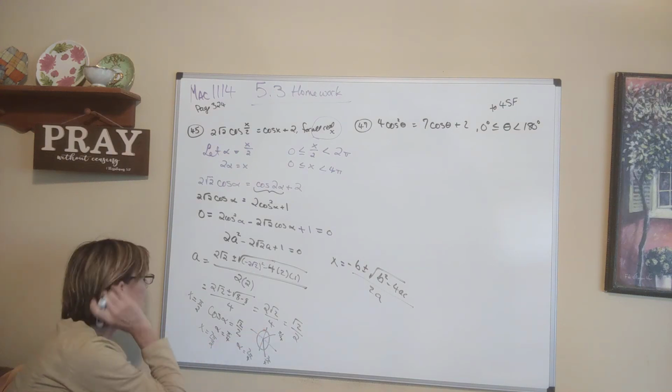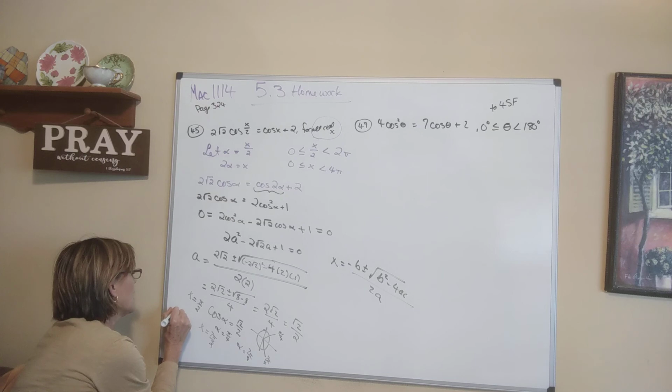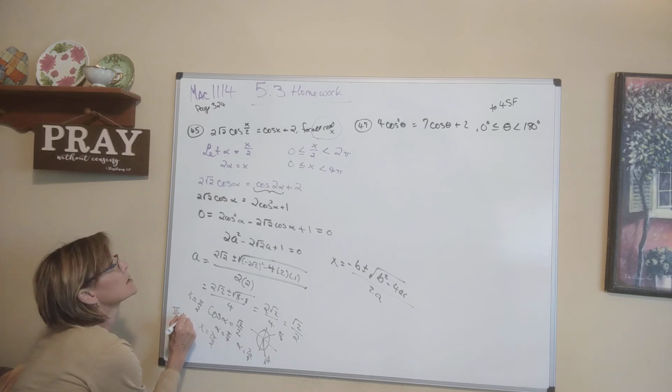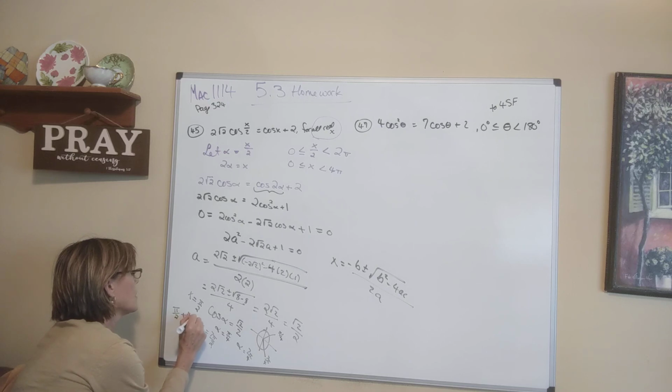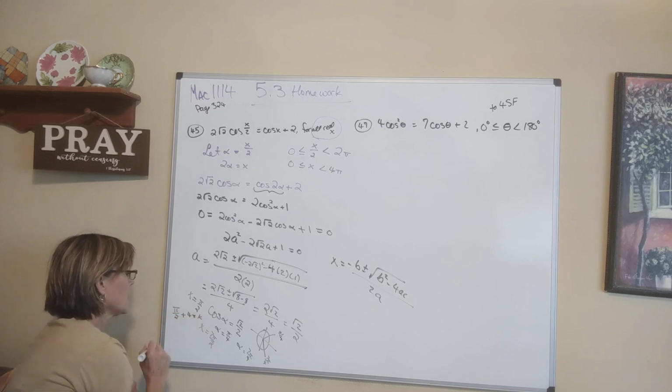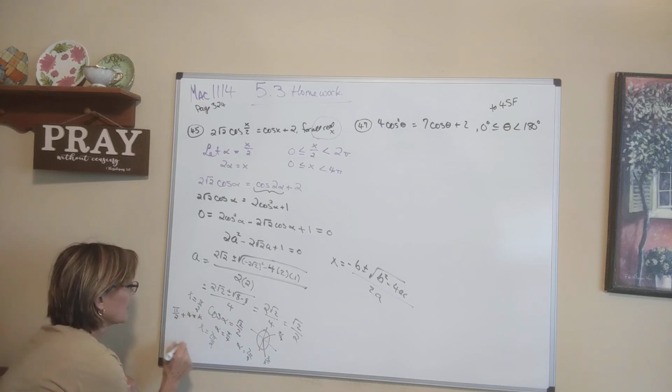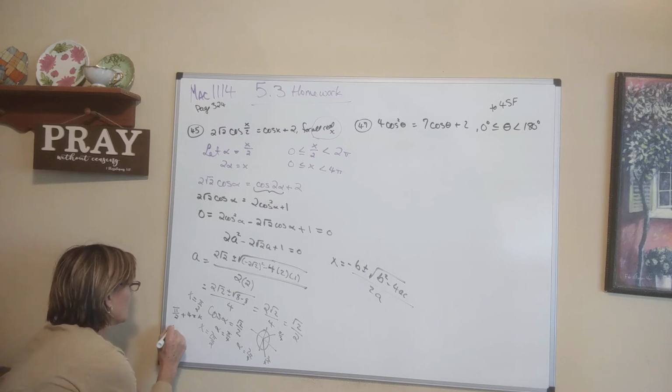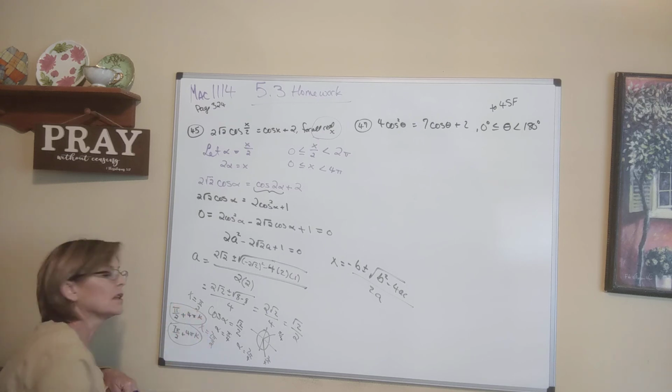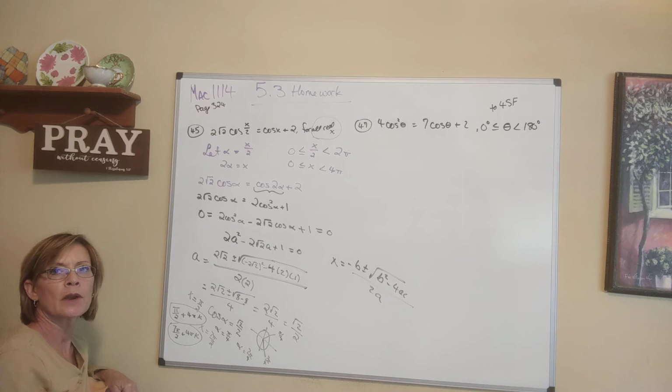So I could write this real succinctly as pi over 2 plus 4 pi k, or as 7 pi over 2 plus 4 pi k. I think there might be a cleaner way to write that, but this got our answer, so I'm just going to leave it like that. You might find a cleaner way to write that.